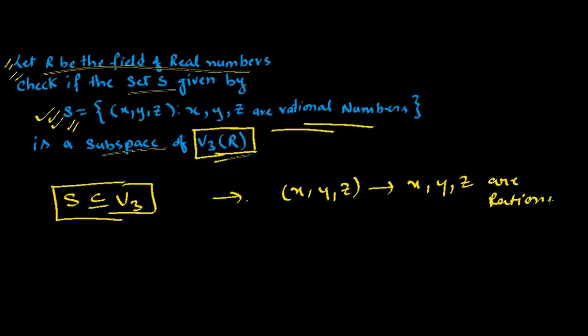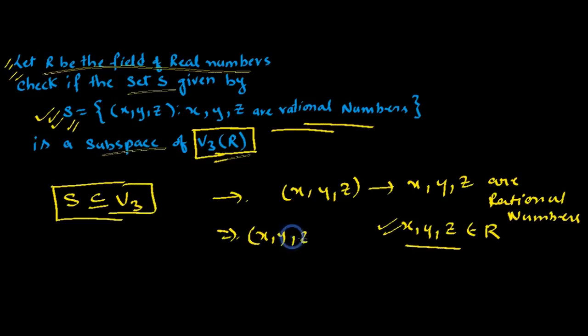We already know that if X, Y, Z are rational numbers, then obviously they are real numbers, so X, Y, Z belong to R. The set of rational numbers is a subset of real numbers. So the general element of S can be written as (X, Y, Z) where X, Y, Z belong to R.